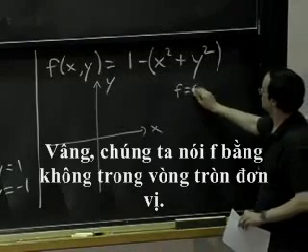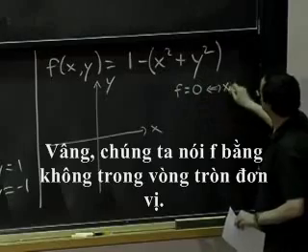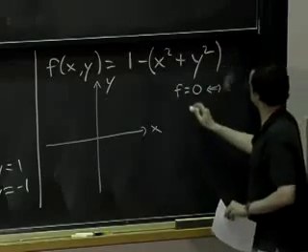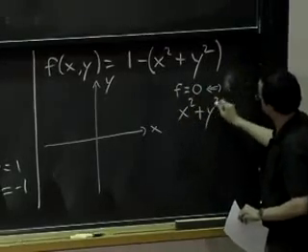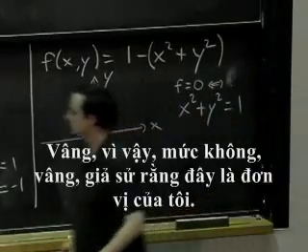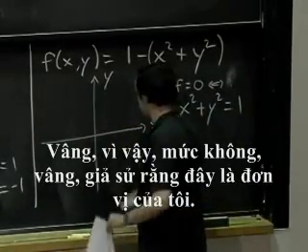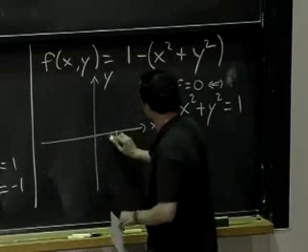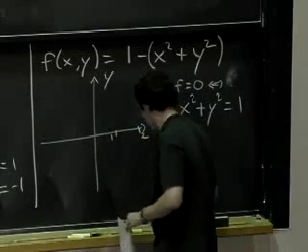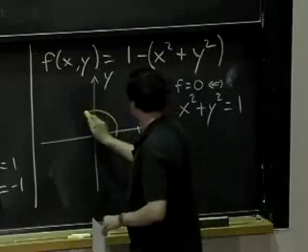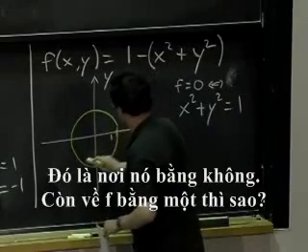Well, we said f is 0 on the unit circle. So the 0 level, well, let's say that this is my unit. That's where it's 0.